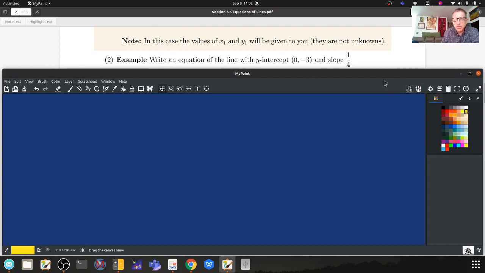So let's use the point-slope form. Again, this is called the point-slope form. I'll write it up here for us. Again, this does not work for vertical lines, because vertical lines do not have a slope that exists. It's y minus y1 is equal to m times x minus x1.